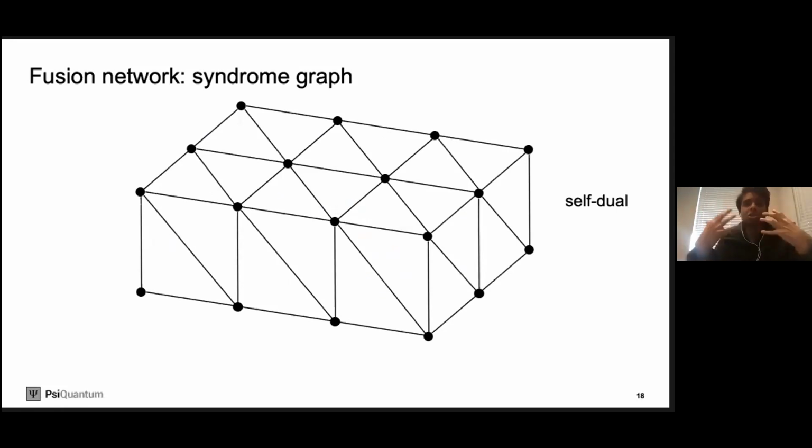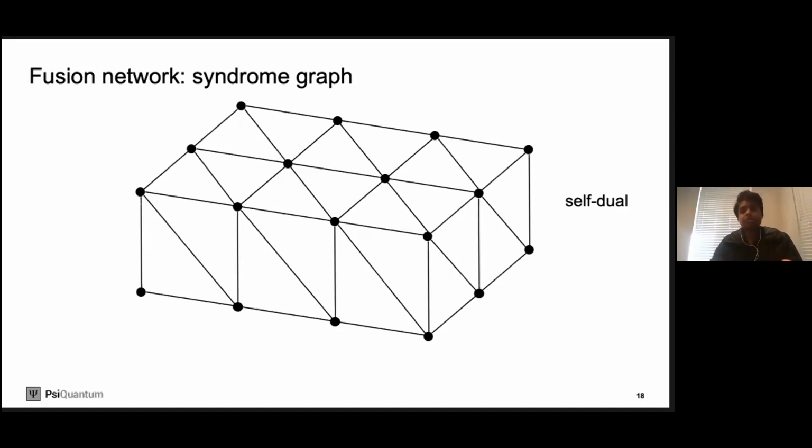And this syndrome graph structure allows us to use a regular decoder like minimum weight perfect matching or union find to actually decode. So at a lower level, we are using different primitives. We might use different operations to get fault tolerance. But above this level, we can essentially use the same sort of fault tolerance structures that people are familiar with. So for people who have worked with syndrome graphs in a surface code, a cubic syndrome graph structure would be familiar.